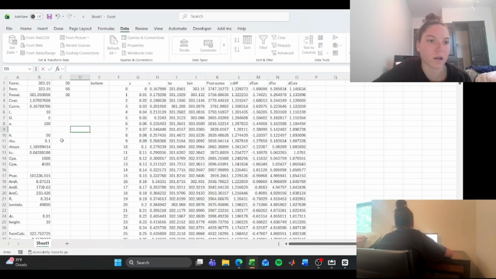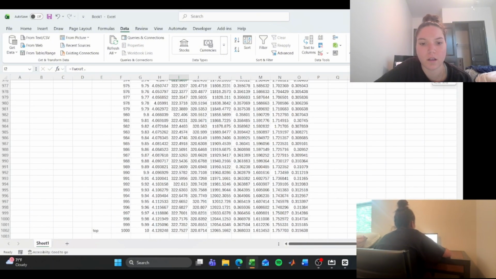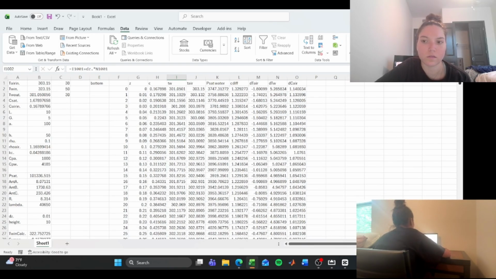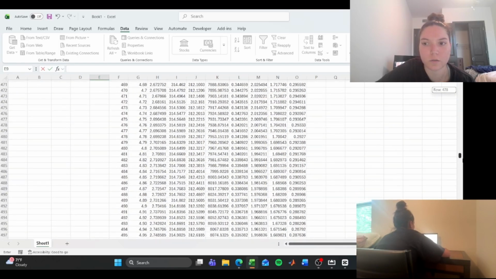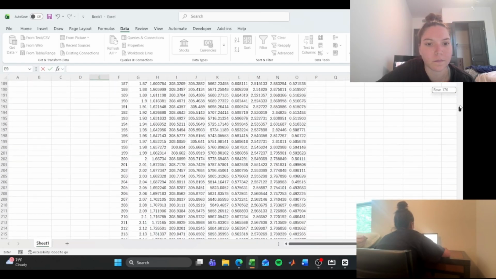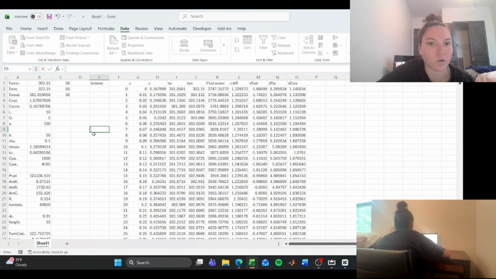Okay, we have the temperature of the water coming out should be about 301 Kelvin, and the temperature of the water coming in is about 322 Kelvin. Let me scroll back down so we can see. Yeah, so that's what it looks like for the relative humidity at 10%.